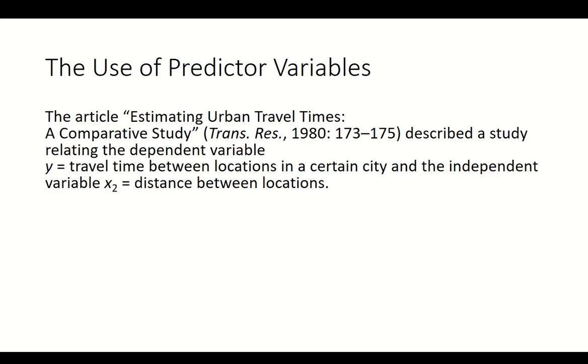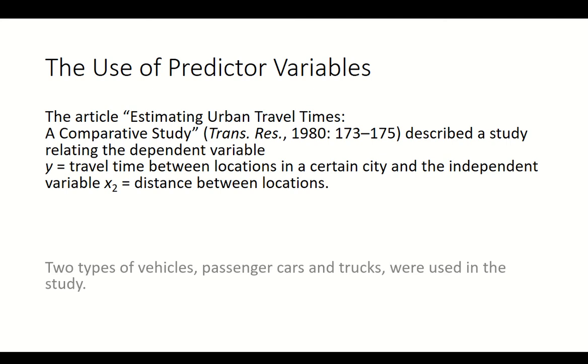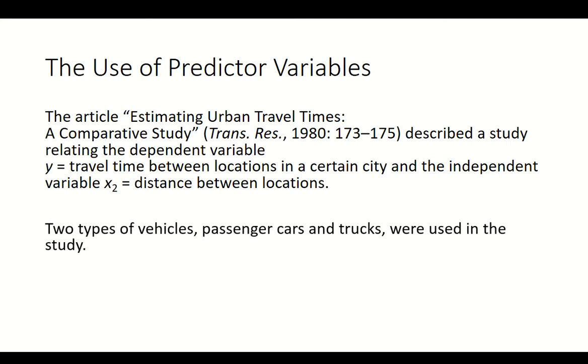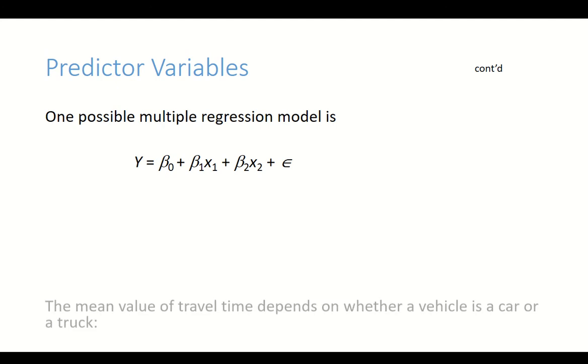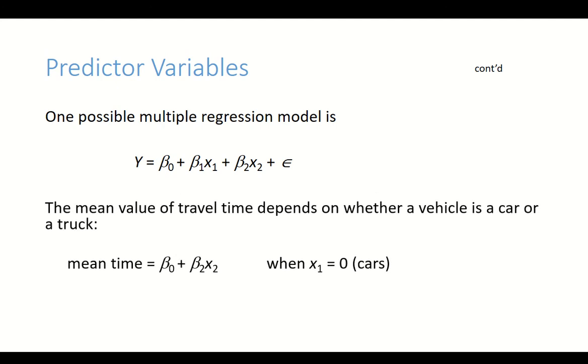The other part is using indicator predictor variables, where you can say, okay, we're going to use two types of vehicles, cars and trucks. And we're going to let 1 be if the vehicle is a truck and 0 if the vehicle is a passenger car. And so we could look at the regression model this way. Now remember that x1 is either 1 or 0, so if it's 0, then the mean time is beta naught plus beta 2 x2.